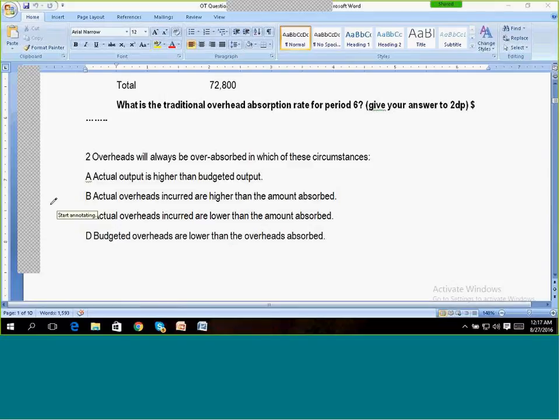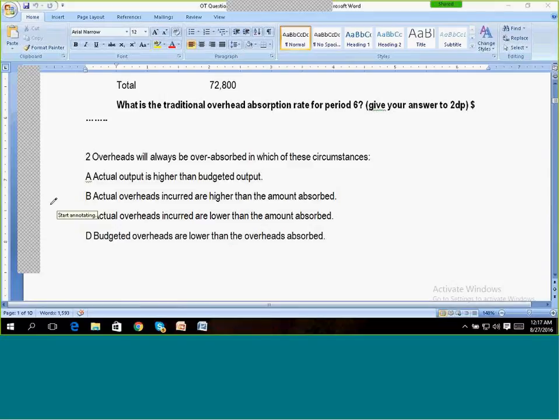But if it is continuously going wrong, we may want to change the overhead absorption rate. But if 1 month you under absorb, 2nd month you over absorb, 3rd month over absorb, it will basically even out. One particular month you might have an over or under absorption.